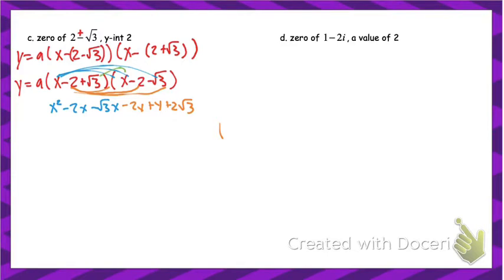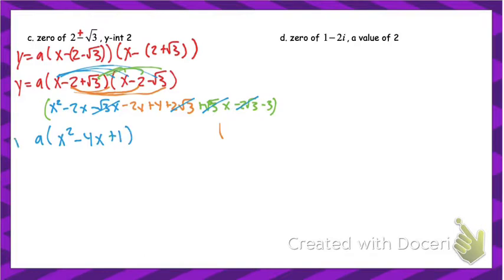So then I have root 3 x minus 2 root 3 and then minus 3. From here, there's a lot that I can simplify. Minus root 3 x and plus root 3 x cancel out. 2 root 3 and 2 root 3 cancel out. Then I can simplify what's left over. I've got x squared minus 4x plus 1.